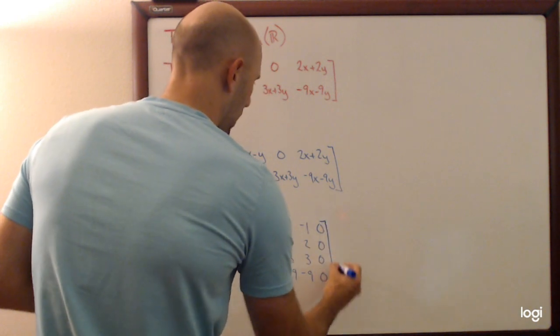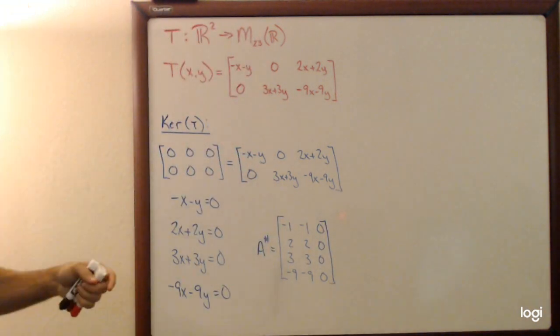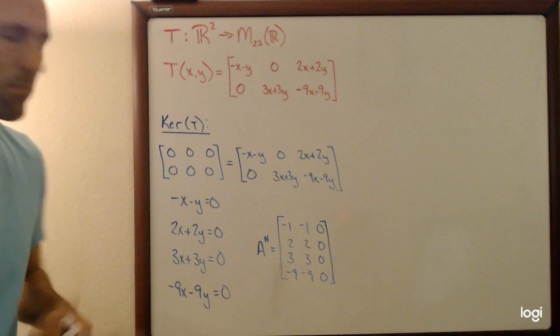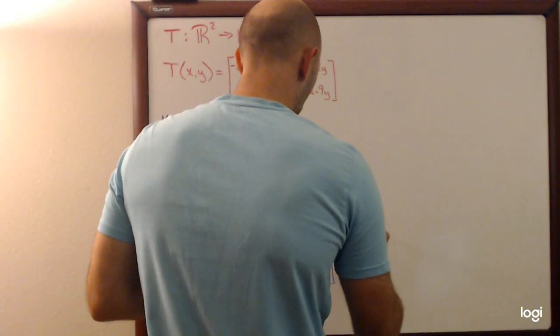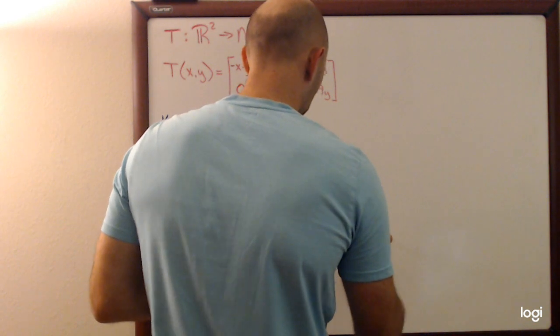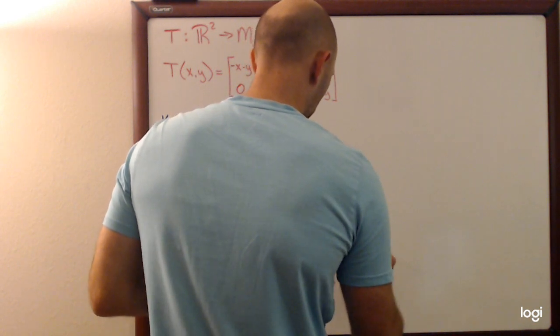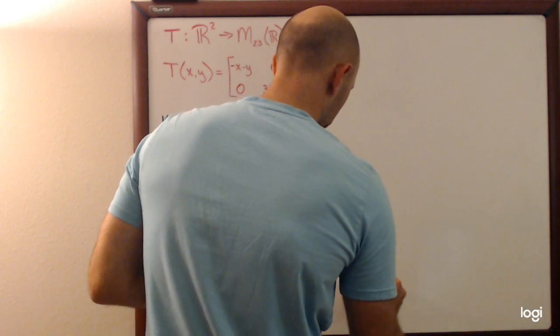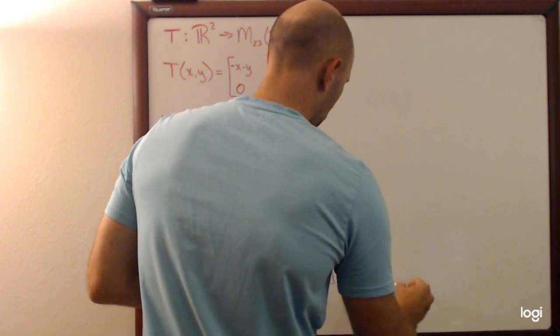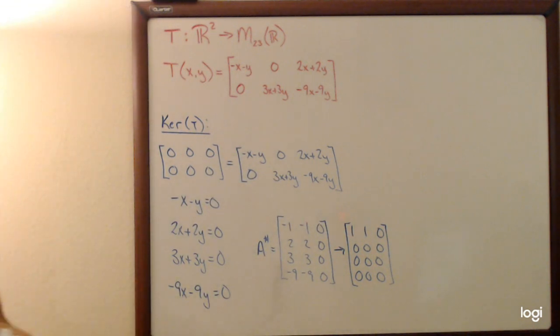And again, we solve systems by putting these things into row echelon form. Clearly, every row after the first one is a scalar multiple of the first one. So here's my row echelon form. That seems reasonably easy.